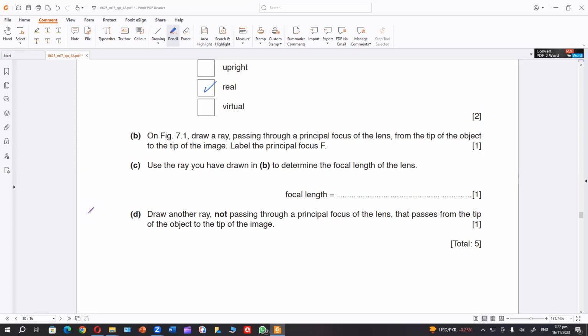Now, use figure 7.1. Draw a ray passing through a principal axis of the lens from the tip of the object to the tip of the image. Label the principal focus F. He wants to draw another ray.